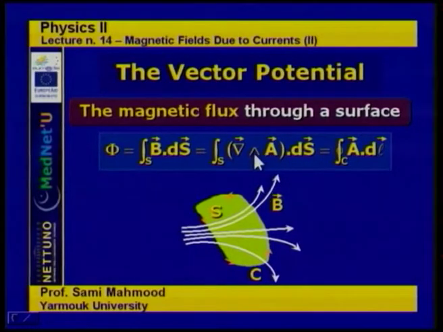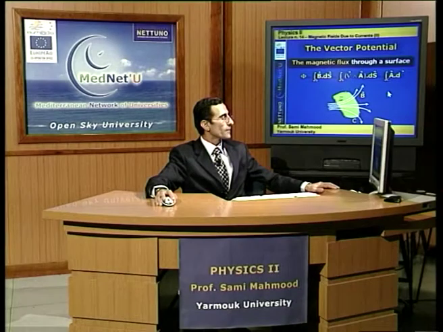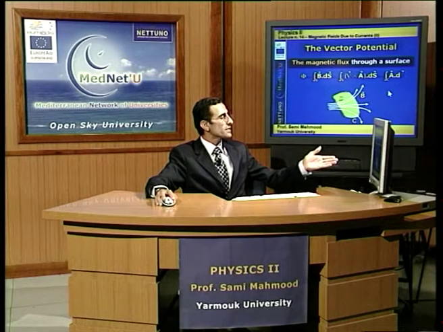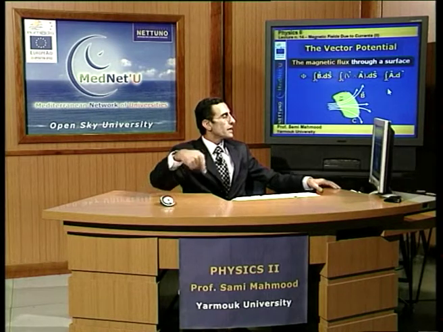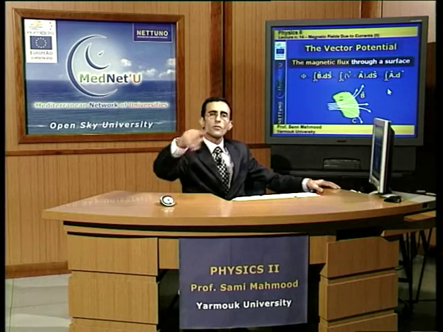Now, using Stokes' theorem, we convert the integral over the surface area into an integral around the contour surrounding that surface area. Curl A dot ds is simply equal to the contour integral of A dot dl. And that is phi. So the flux is simply A dot dl integrated around the contour.